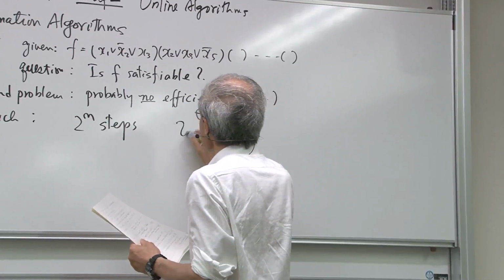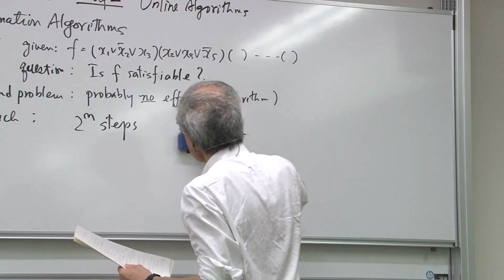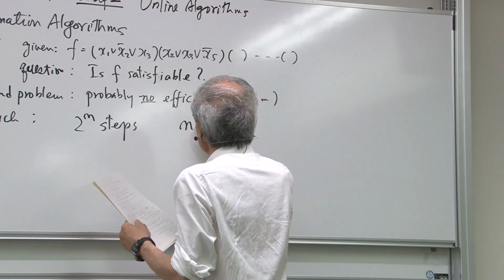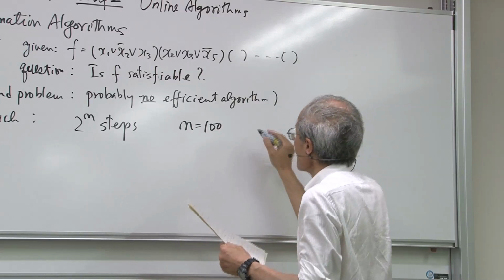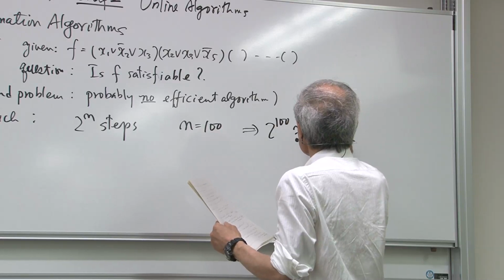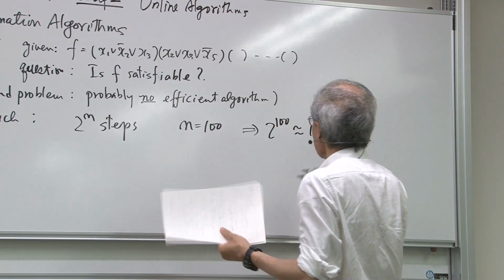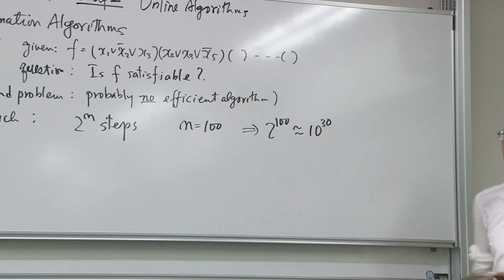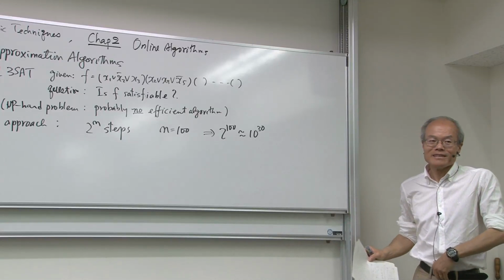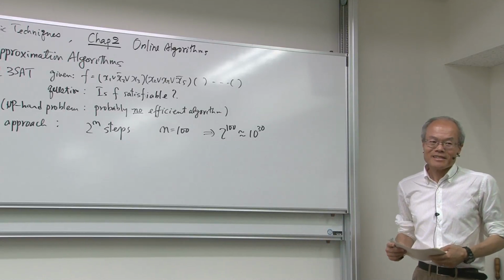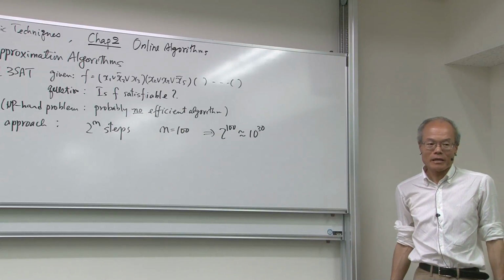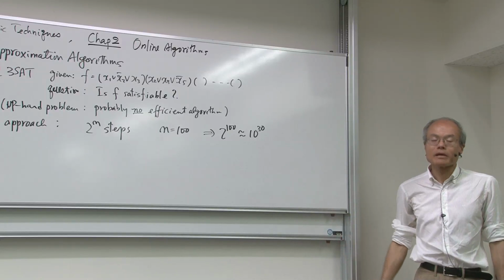For example, if n is equal to 100, 2 to the 100 is something like 30 digits. This is too much for any computer.